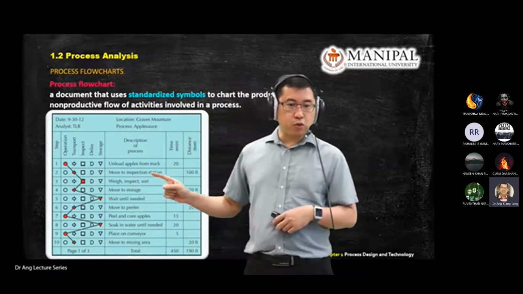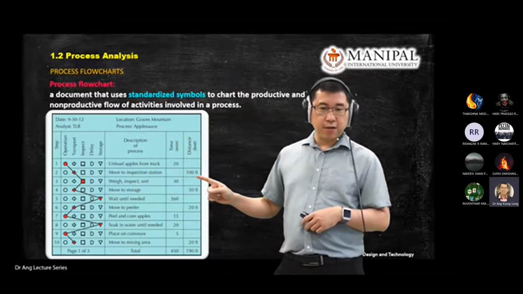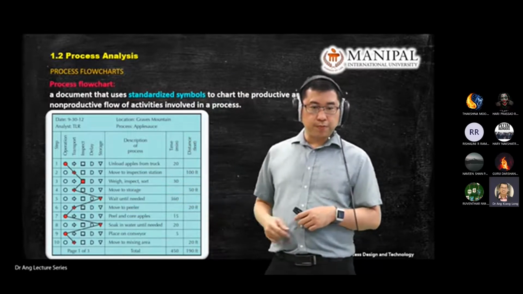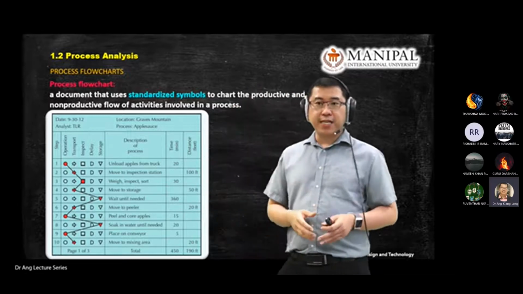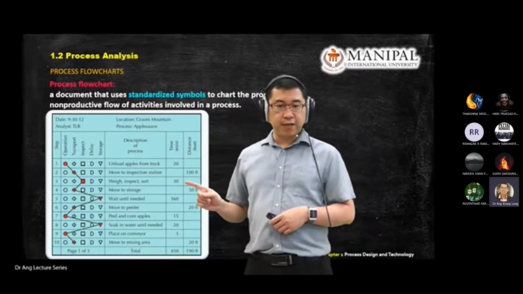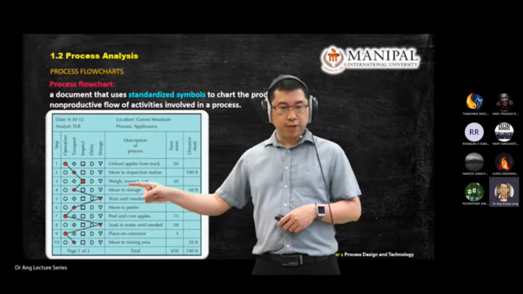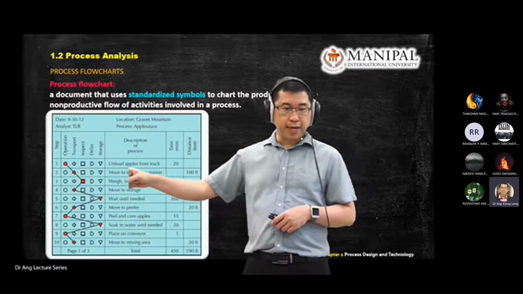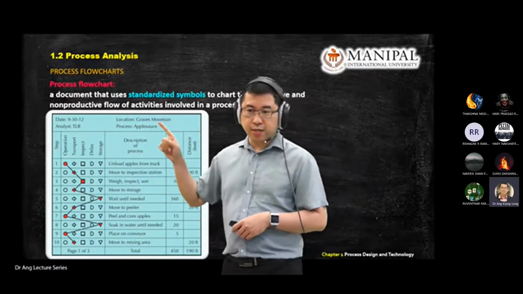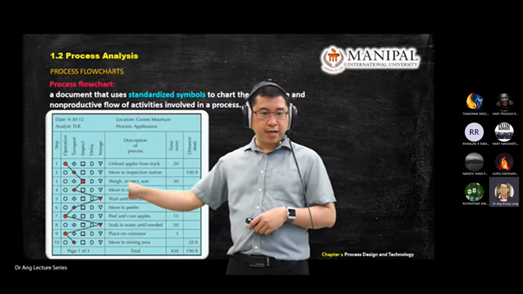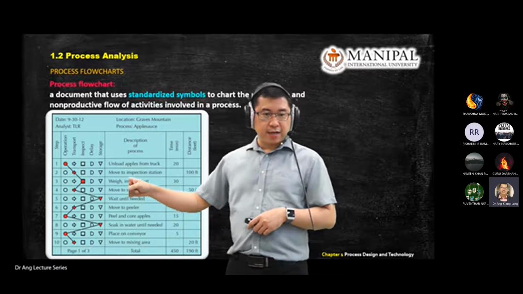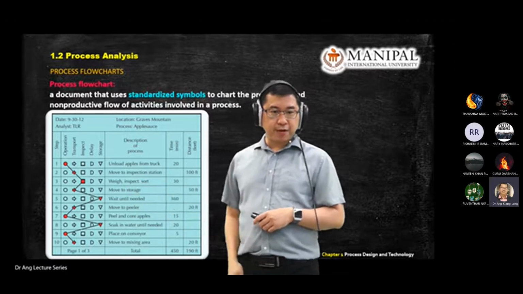You will transport to that station, how long? I tell you, from the first station to the second station is 100 feet. So you mark the second arrow, because the second arrow is transport. You mark the red color arrow and draw a line from the first one to the second one.